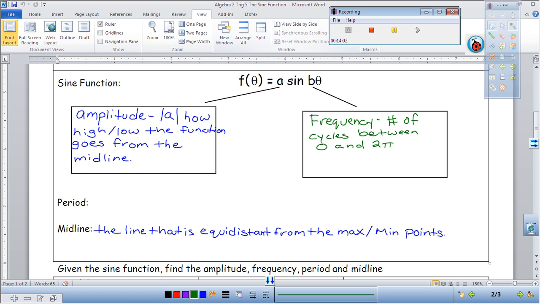So how many sine waves do you see between 0 and 2 pi? The period is 1 cycle, the length of time it takes the periodic function to repeat.